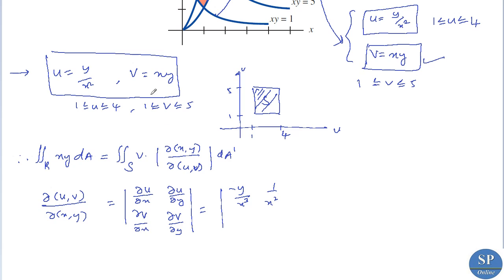Now dou v by dou x is y, since v equals xy, and dou v by dou y is x. So this is equal to minus 2y by x cube times x, minus y by x square, which is minus 2y by x square minus y by x square.